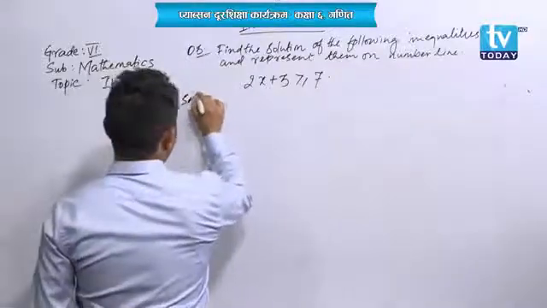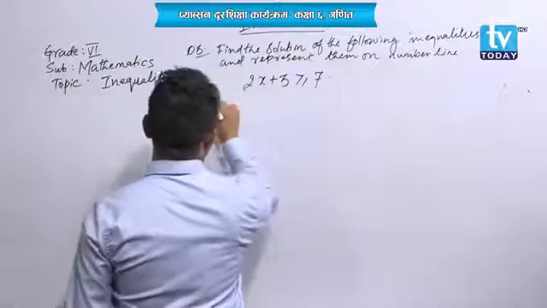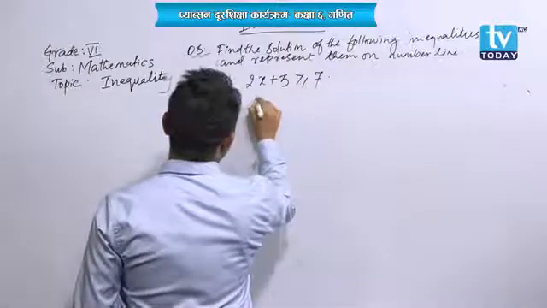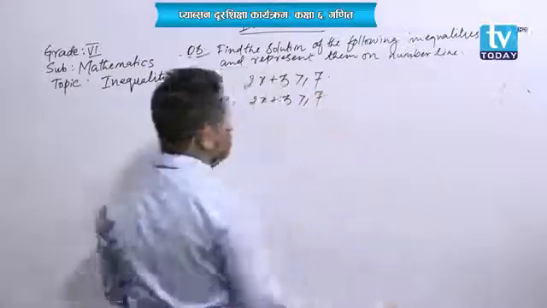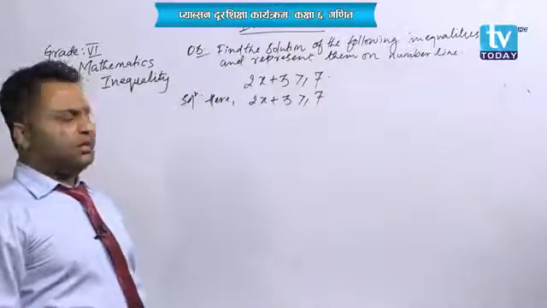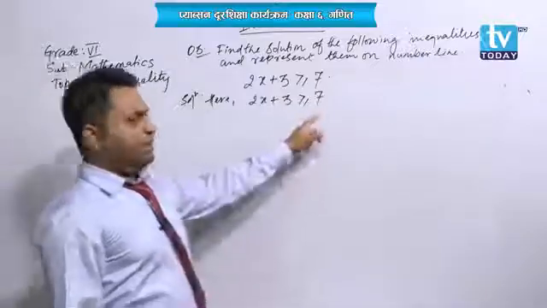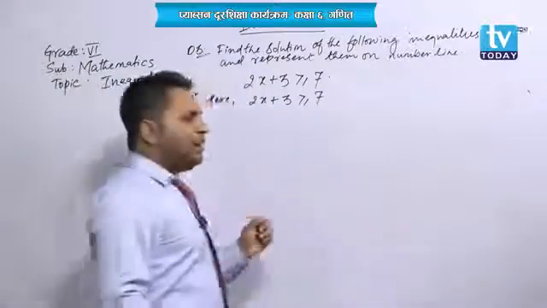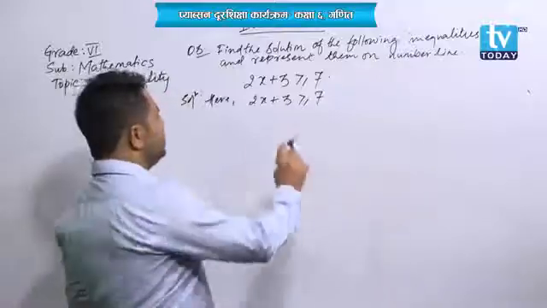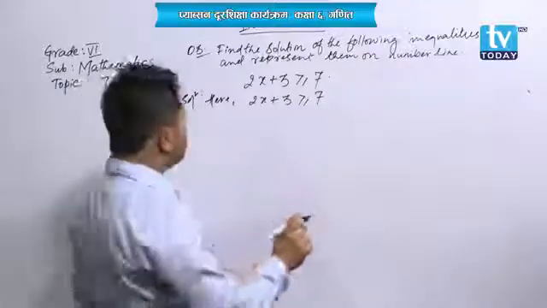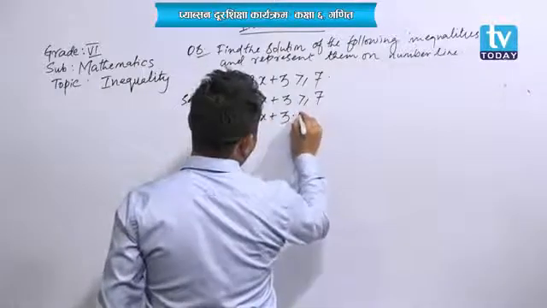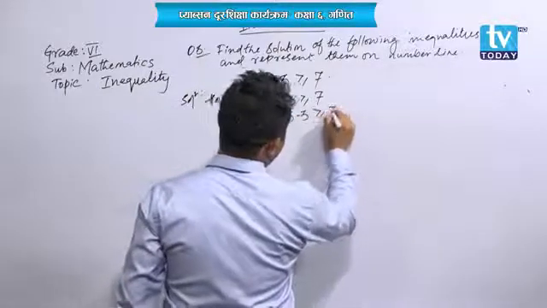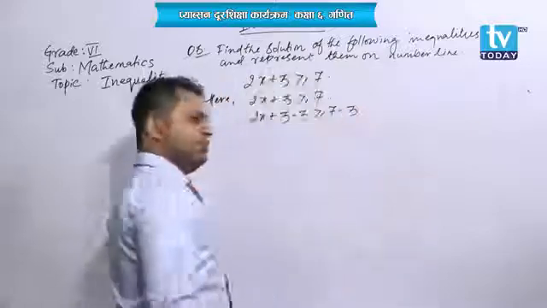Solution, we have here, you can write 2x plus 3 is greater than equals to 7. Now first let us try to eliminate this 3, that means subtracting 3 on both sides. 2x plus 3 minus 3 greater than equals to 7 minus 3.